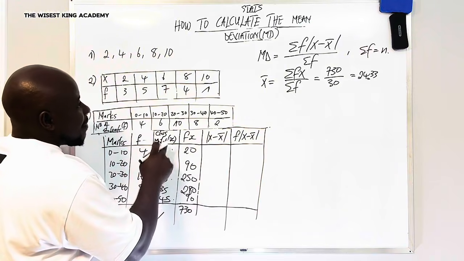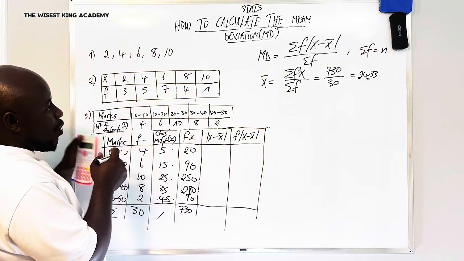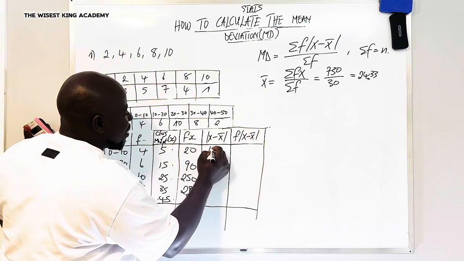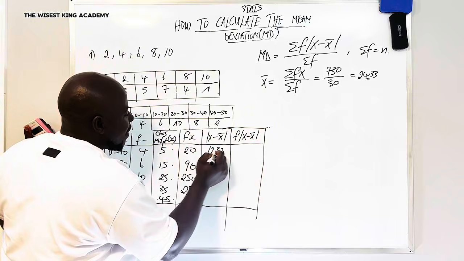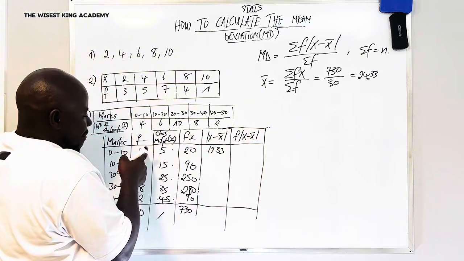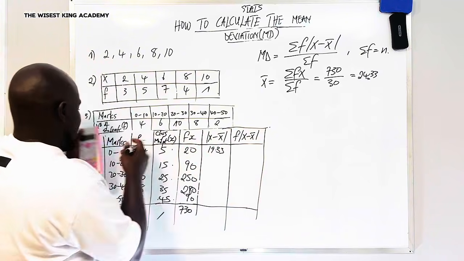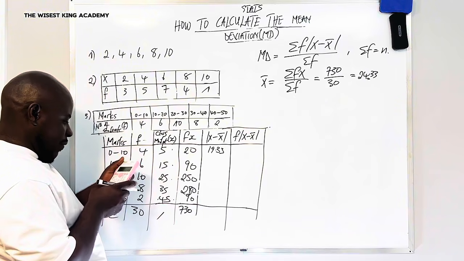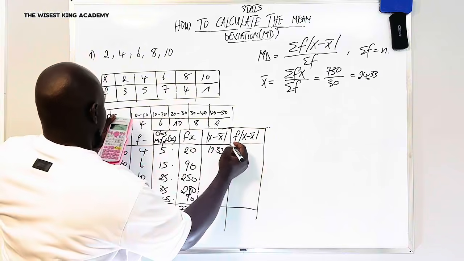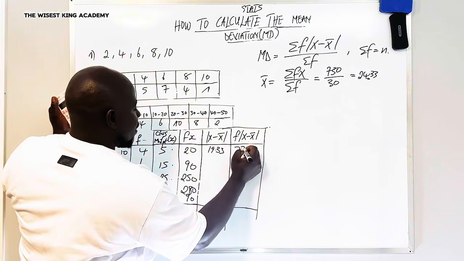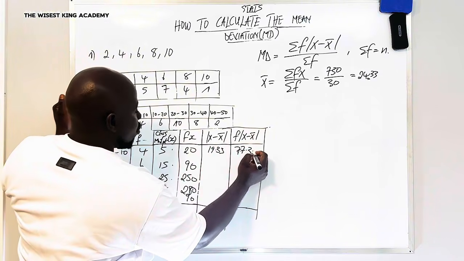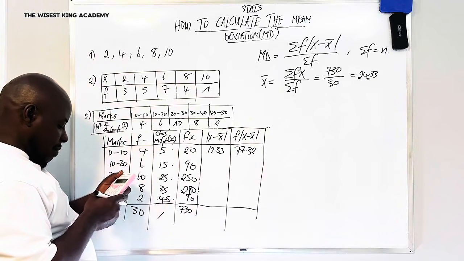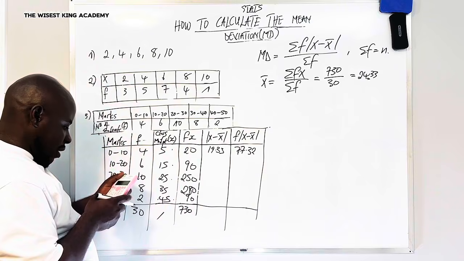So 5 minus 24.33, that's going to give me minus 19.33. So I now multiply by 4. 19.33 times 4 is going to give me 77.32. Okay. Now 15 minus 24.33.